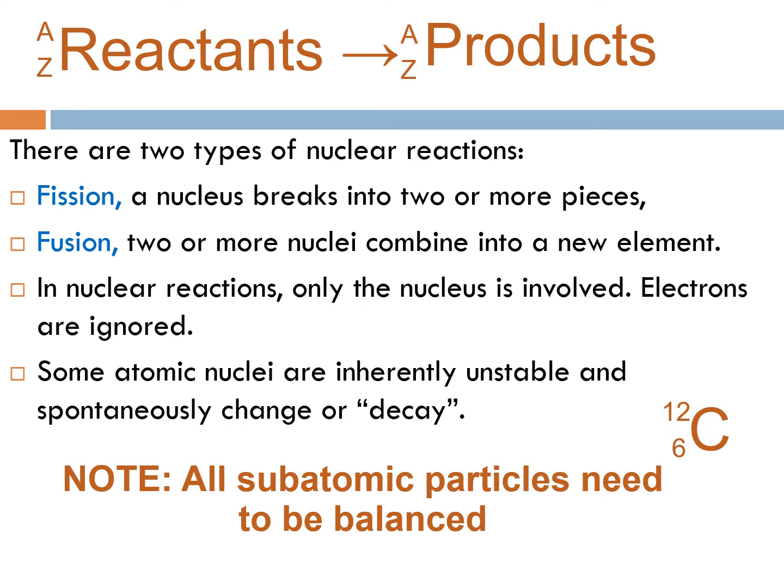But because we need to balance protons, neutrons, and electrons, it's convenient to have it written down, because it helps us do the math. 12 is the mass of the carbon. So that's a specific isotope in which, besides 6 protons, there are 6 neutrons, and so the total is 12. You can have carbon 13, where there would be an extra neutron, so that would be a different isotope.